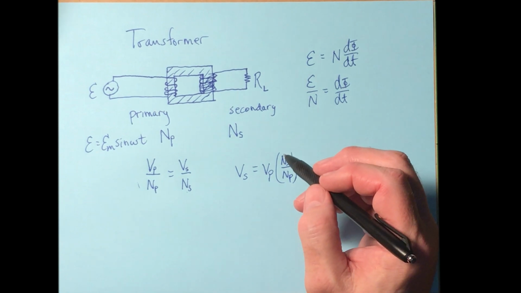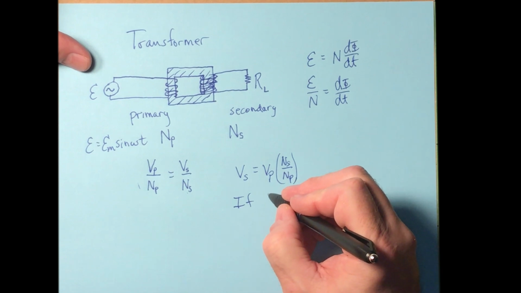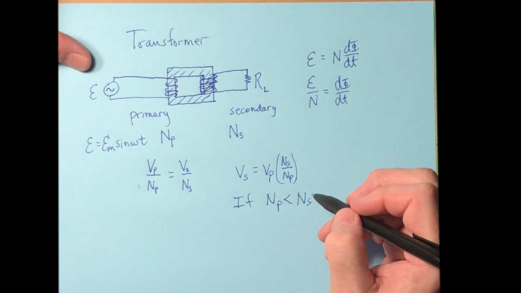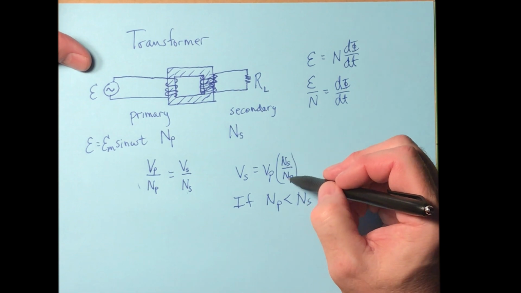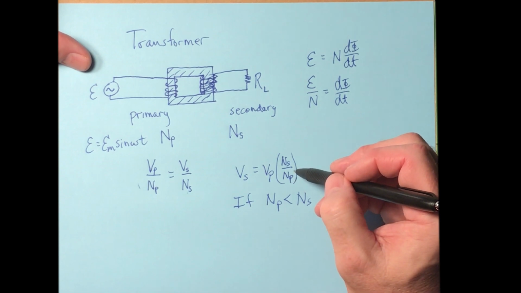If you look at this, you can see that if N_P is less than N_S, then what we have in this ratio is a number that is bigger than 1.